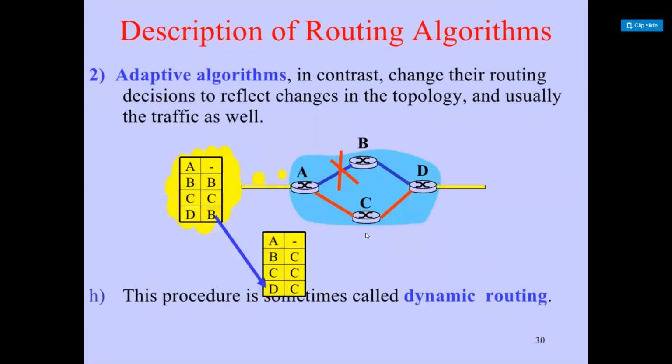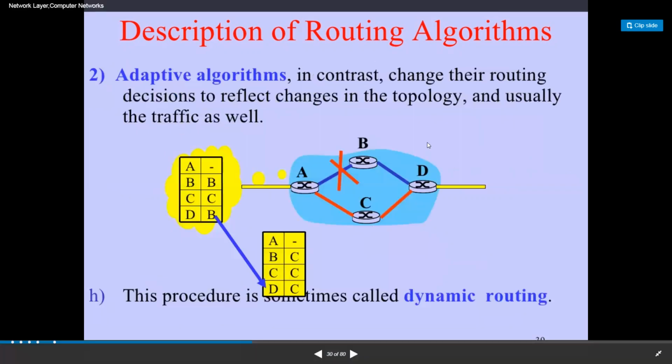Coming to the adaptive algorithms. In contrast, adaptive means dynamic routing algorithm. They change their routing decisions to reflect changes in the topology and usually the traffic as well. See here, in the previous case, A to A no line, A to B direct line, A to C direct line, and A to D we must go through B. We need to change the direction because this route is having a problem.